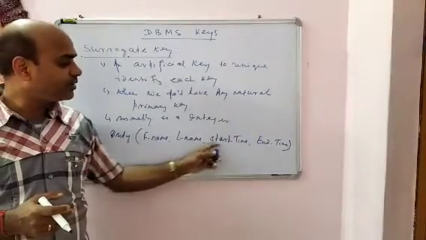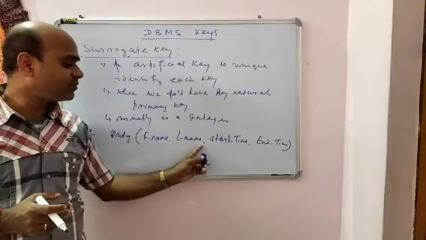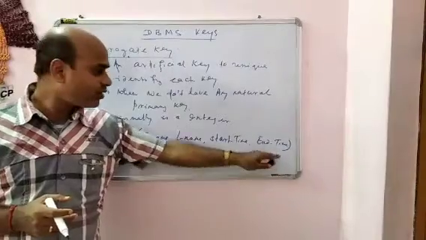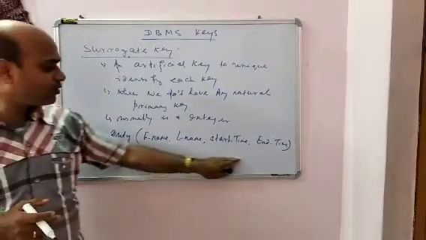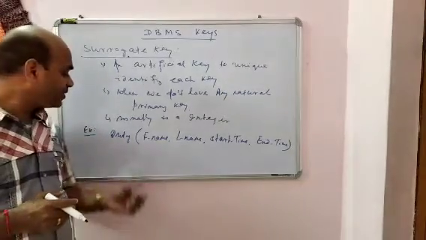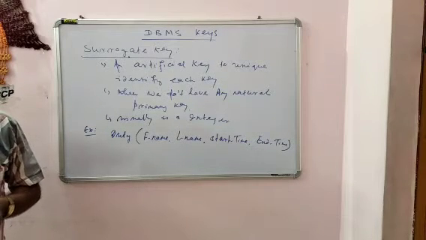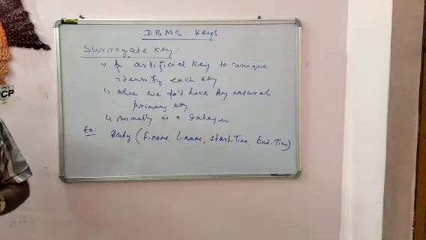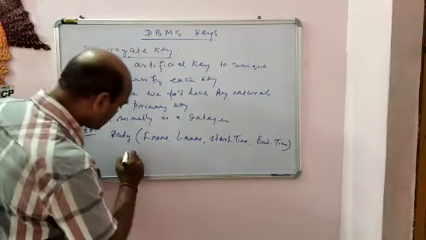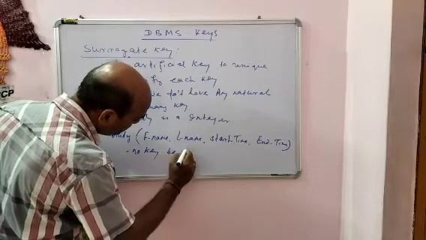No one is the primary key. First name cannot be the primary key, last name cannot be the primary key, start time cannot be the primary key, end time cannot be the primary key. But the combination of all four can uniquely identify a particular record in a duty chart for the employee. So a surrogate key is allowed when no property qualifies as a primary key.